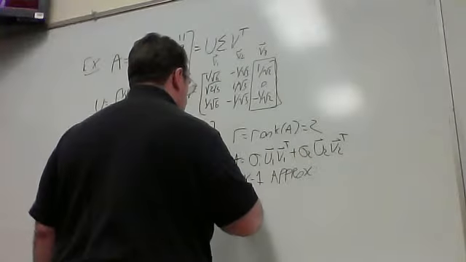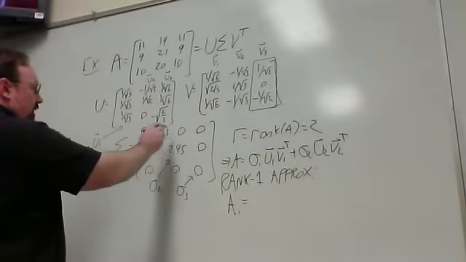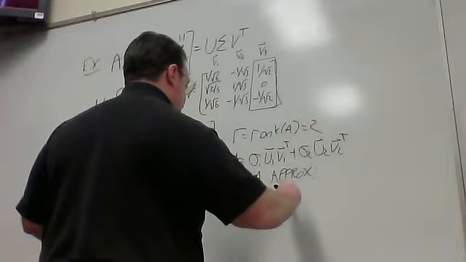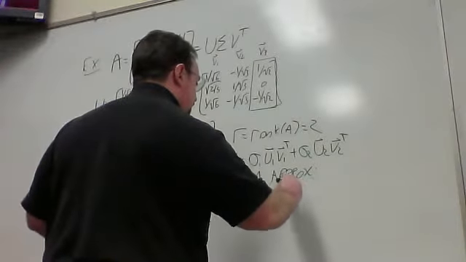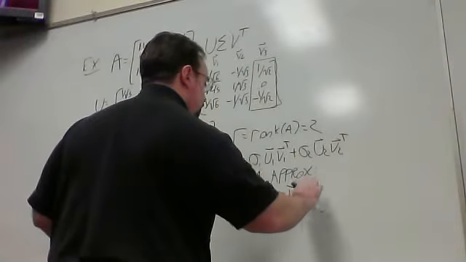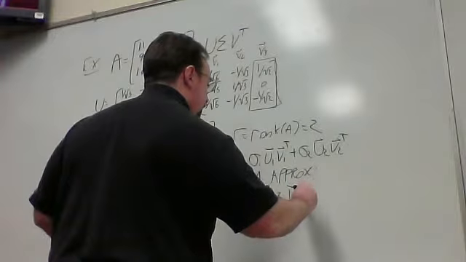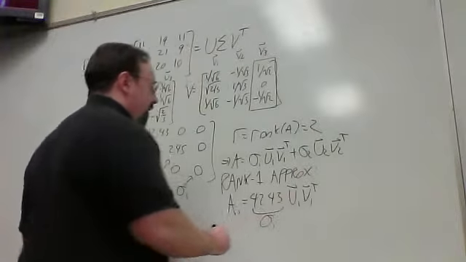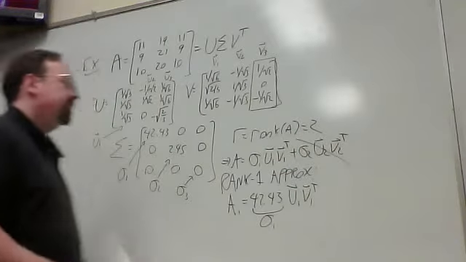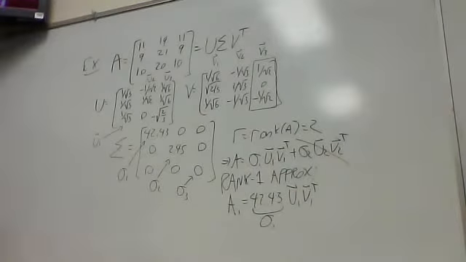So A1 is going to be just the largest singular value, roughly 42.43, that's sigma 1, times U1 V1 transpose. So in other words, I'm now neglecting this second term.